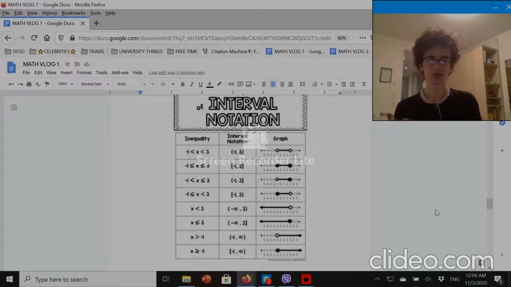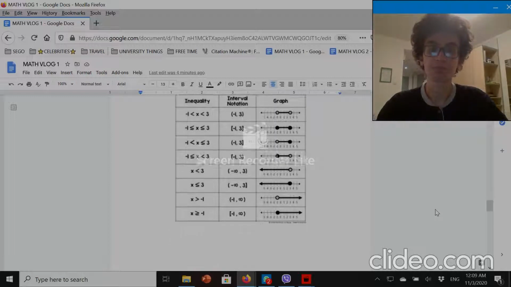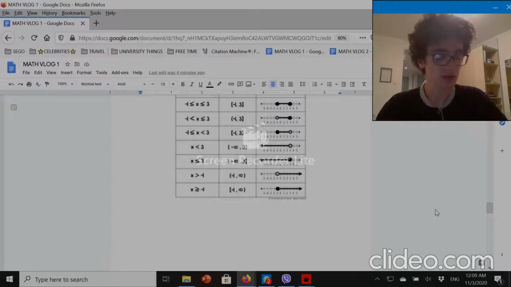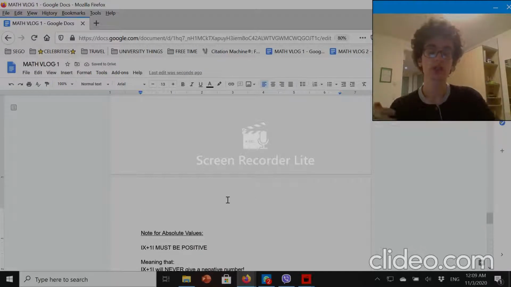This photo, I also found on the internet, of course. It shows really nicely, in my opinion, when it should be open, or when it should be a big bracket or a small one. So please take a look at it. I'm going to send it to you, and if I'm correct, and I'm correct, we're done with inequalities as well. Of course, in case I skipped something, please contact me and I will explain to you.